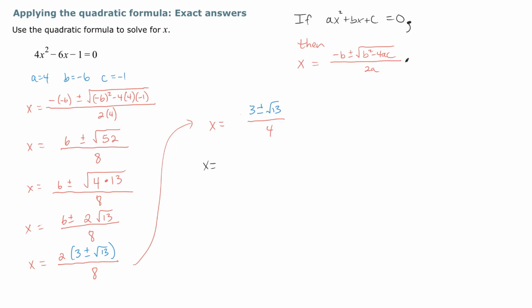Oh, we're done. We'll go ahead and circle those two answers. And those are what we call those two exact answers. And the method that we used here is the quadratic formula.